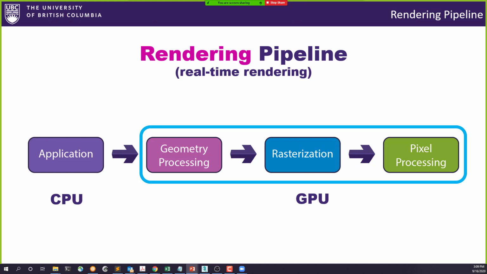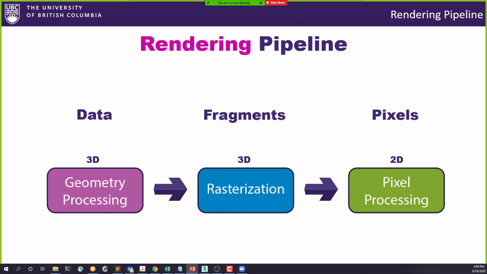Then there's the part of the GPU, what is entirely processed on the GPU. These sections: geometry processing, rasterization, and pixel processing. So let's see what those sections do. If I just get rid of the application stage, because that is the outside part of the pipeline, we have the geometry processing. That is the one getting the data and processing the data.